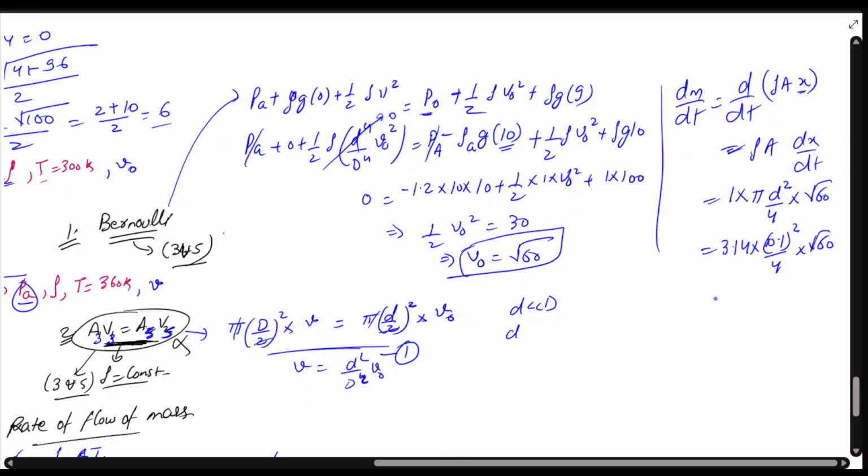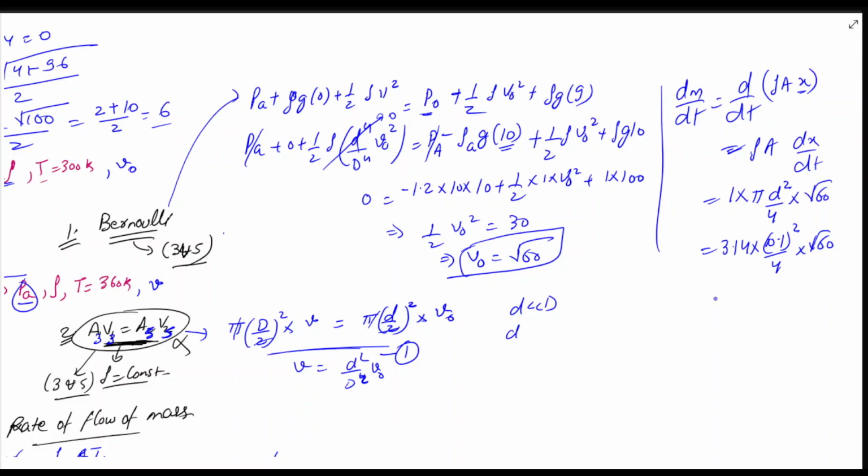Okay, so I'll use the calculator. 3.14 into 0.1 into 0.1 divided by 4, right, into root 60. So this will turn out to be 0.06 kg per second.